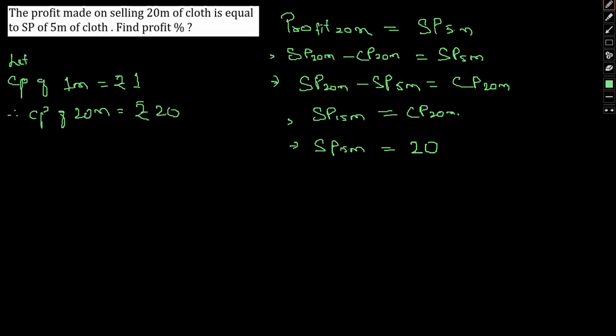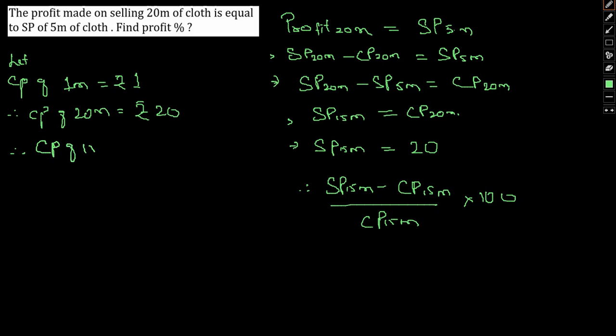Now if we talk about profit percentage, profit in this case will be selling price of 15 meter minus cost price of 15 meter by cost price of 15 meter into 100. Okay, so here CP of 15 meter will be rupees 15. So in this case we have 20 minus 15 by 15 into 100, or 1 by 3 into 100.